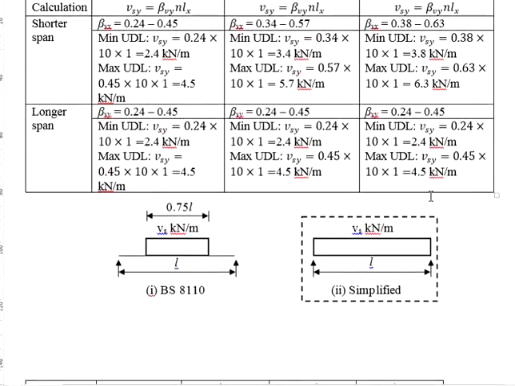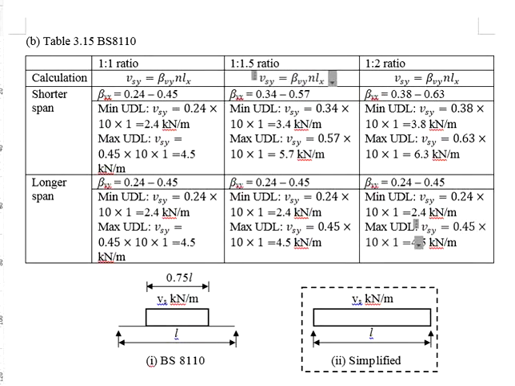Bear in mind that for the analysis of the load, as recommended by the British Standard, whatever shear loads you have acquired, such as in the range of 2.4 to 4.5, the uniformly distributed loads, shall be applicable to the middle 3/4 of the overall span.